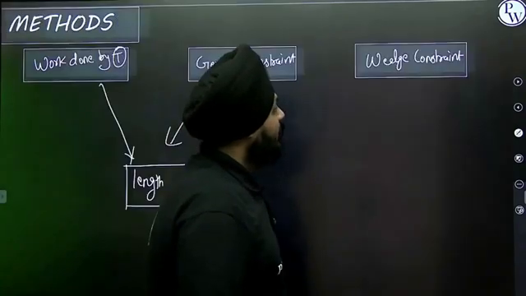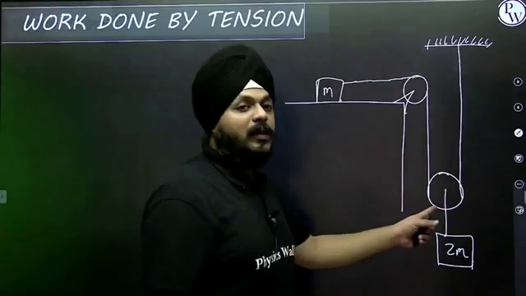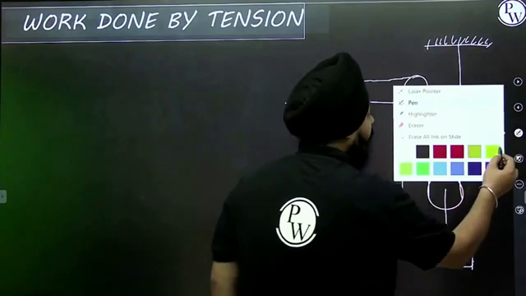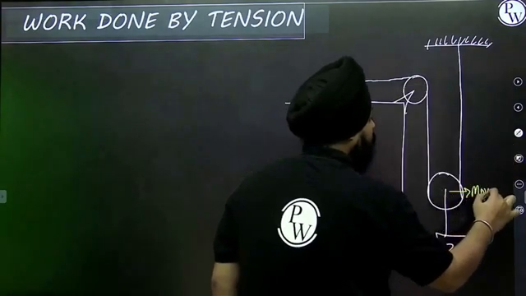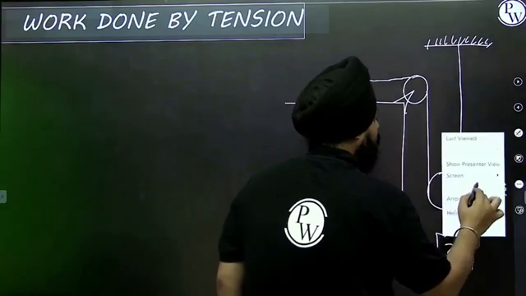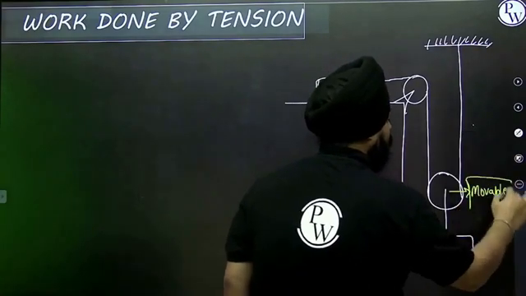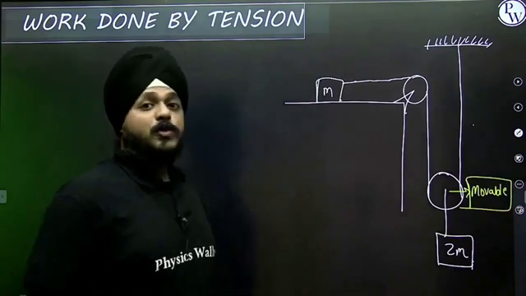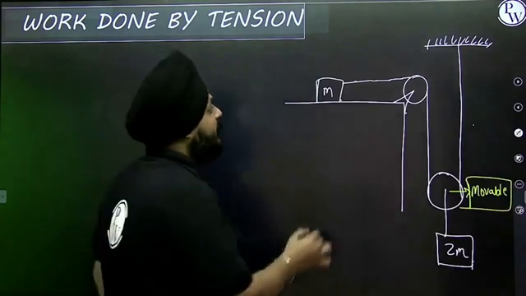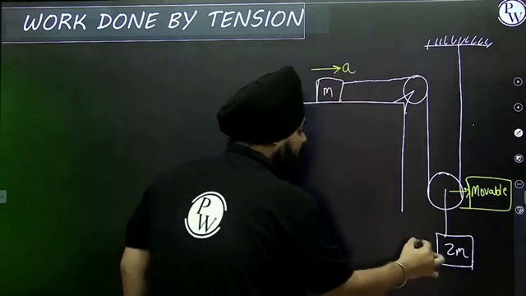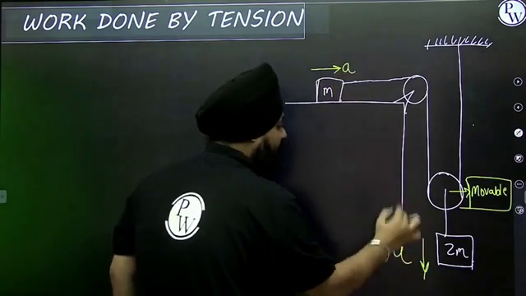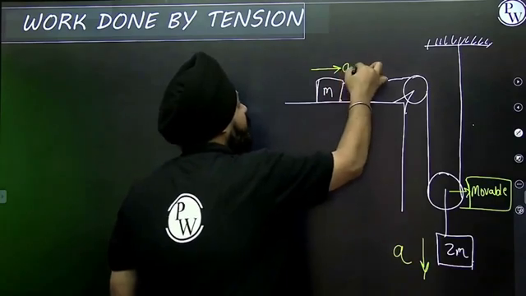See, in this case, the pulley is movable, right? This pulley is movable. So it means that, see, this is fixed. This is going to accelerate towards the right direction. This is going to accelerate in the downward direction, but these accelerations will be different.